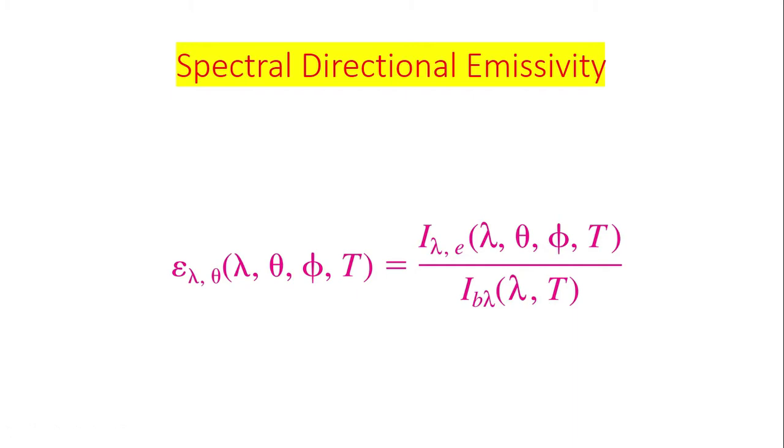So it can also be defined as the ratio of the intensity of radiation emitted by a surface at the specified wavelength in a specified direction to the intensity of radiation emitted by a black body at the same temperature and the same wavelength.